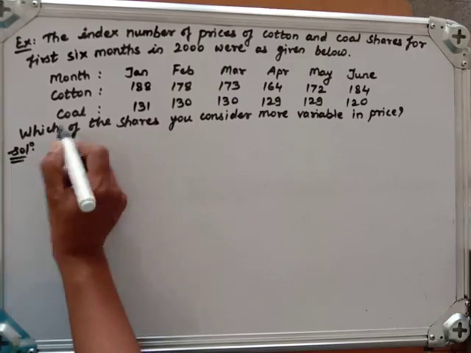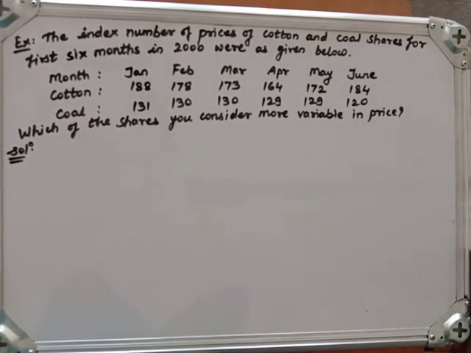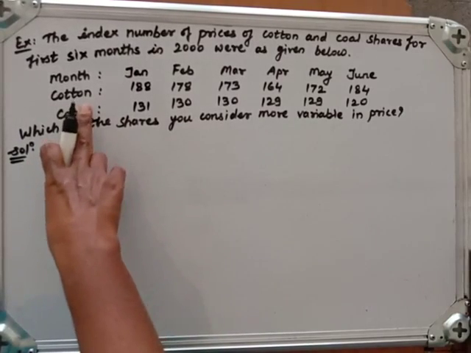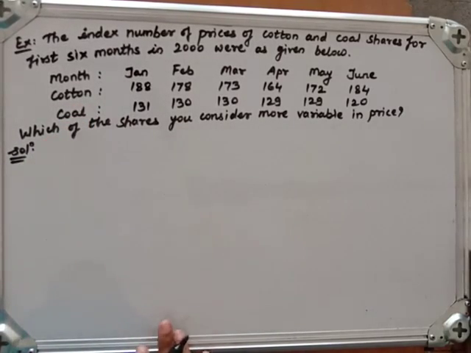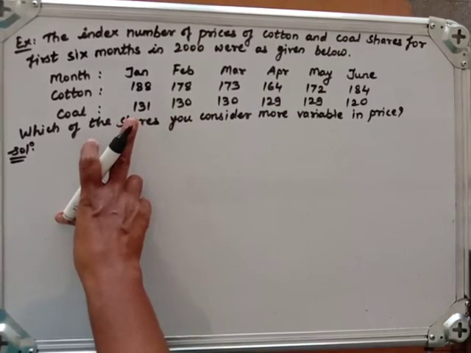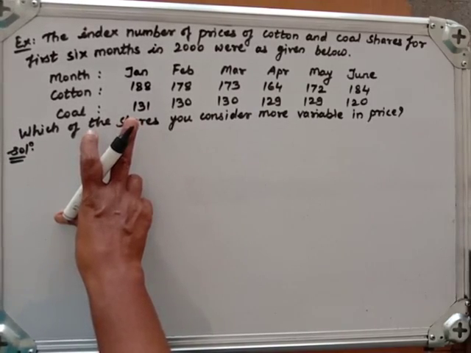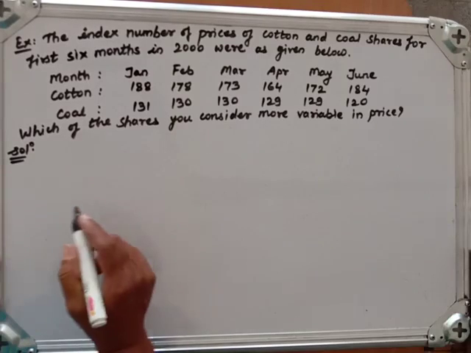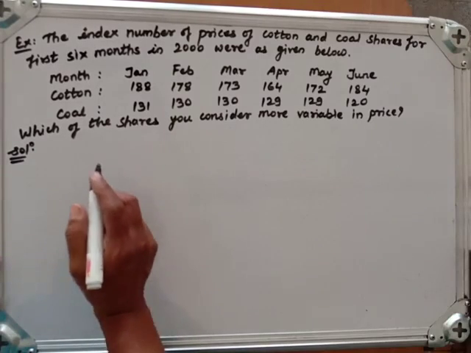Now two different things we have to compare here, cotton and coal. So we need to determine the coefficient of variation for cotton as well as the coefficient of variation for coal. Here an individual series distribution is given to us. So let us find out the coefficient of variation for both of them.